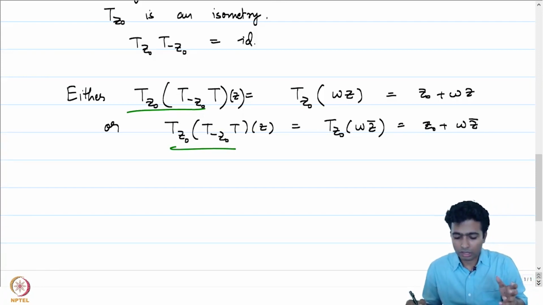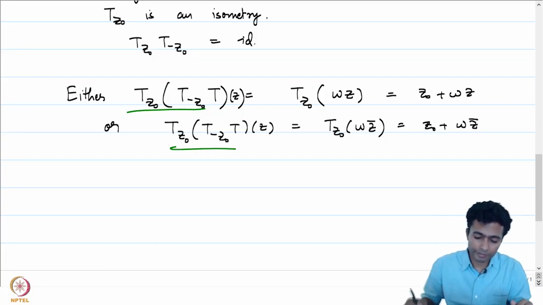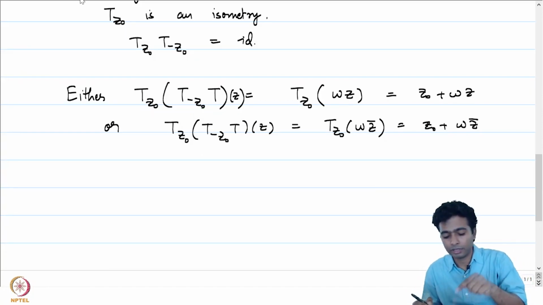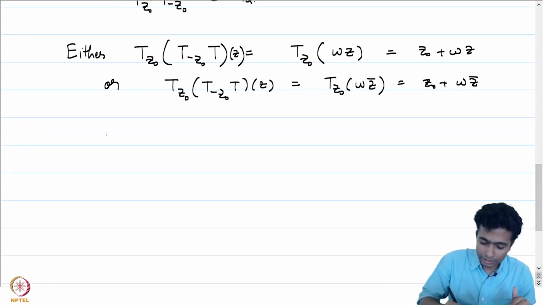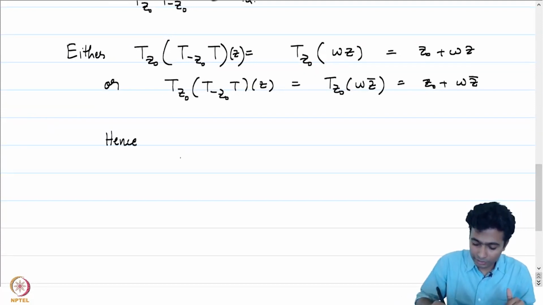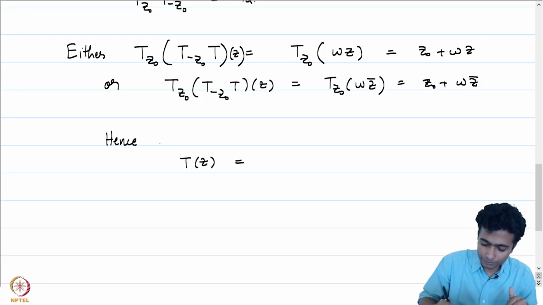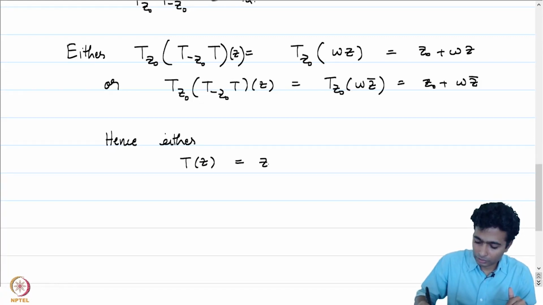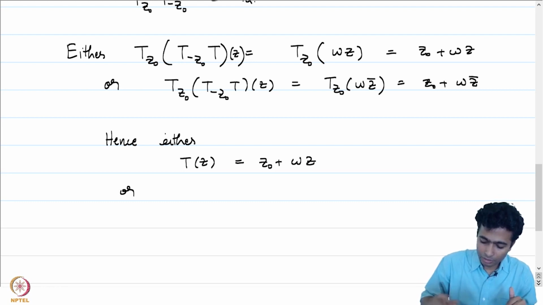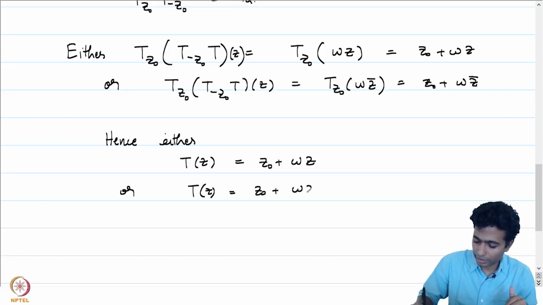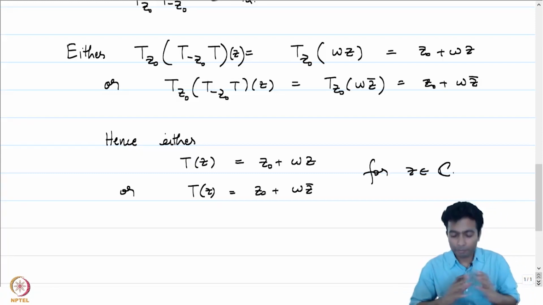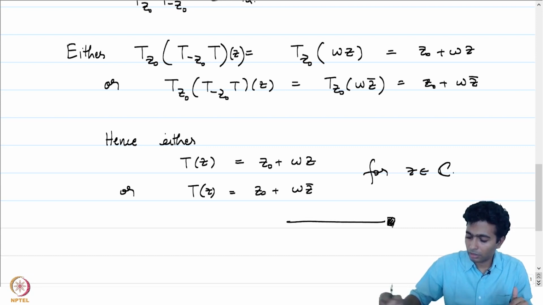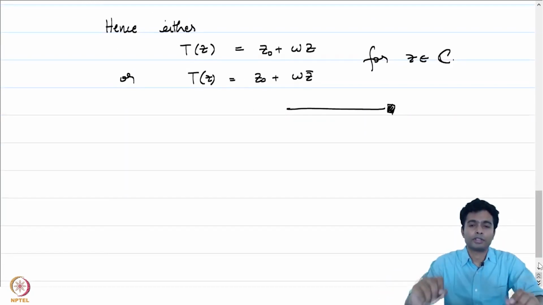There are three functions involved, and the associativity of the composition operator tells us that t composed with t inverse, where t inverse is z0 minus z, is going to be the identity, and that will tell us that identity composed with t is t, which is equal to z0 plus omega times z, or t of z is equal to z0 plus omega times z bar for z in C. So we have given a complete characterization of all the isometries of the complex plane.